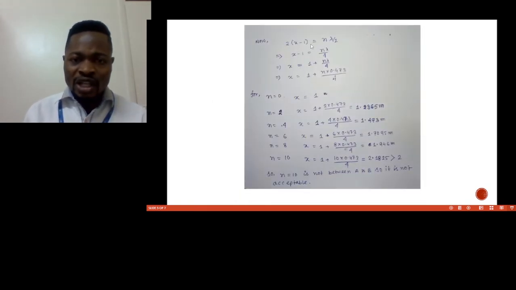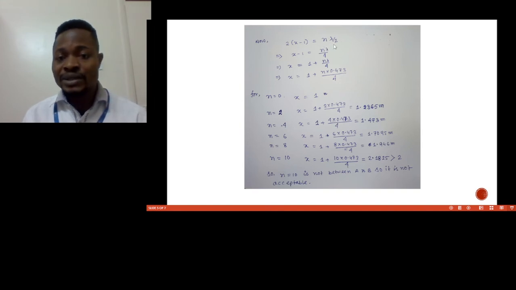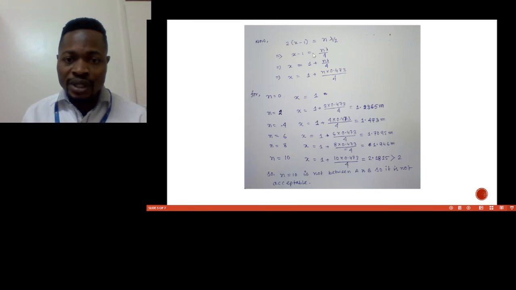Now, if we continue from where we stopped on the previous slide, we know that we are looking for n lambda divided by 2. So 2 into (x minus 1) will be equal to n lambda divided by 2, so that x minus 1 will be given by n lambda divided by 4, because 2 multiplied by 2 gives us 4.